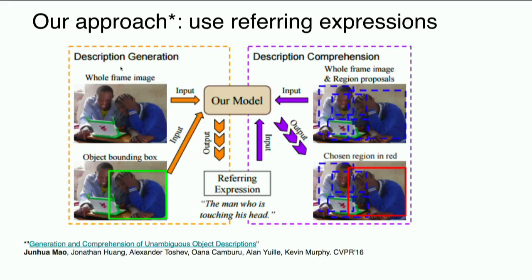In this example, maybe they both see the same image, and the speaker has in mind this guy here, and says the man who is touching his head. The listener hears that and says, oh, you mean this guy on the right. Now, if the speaker had said the man wearing blue, it would have been ambiguous, so that would have been a bad expression.